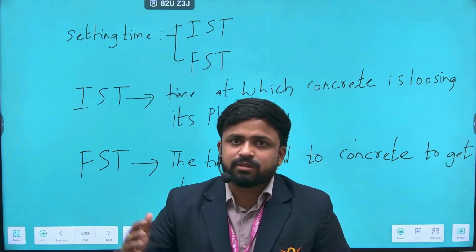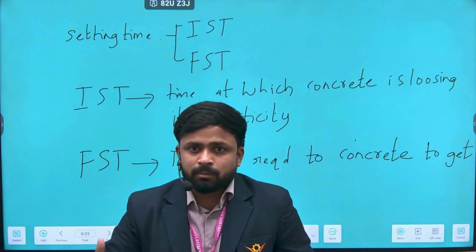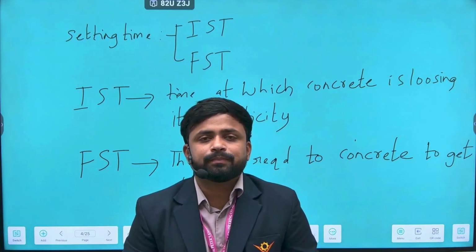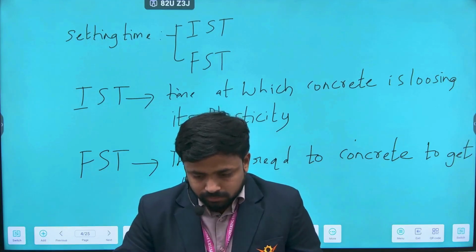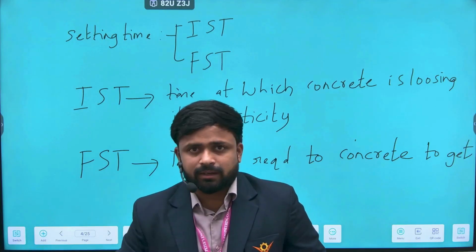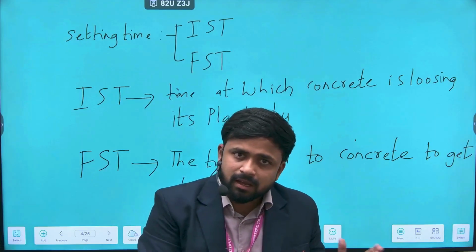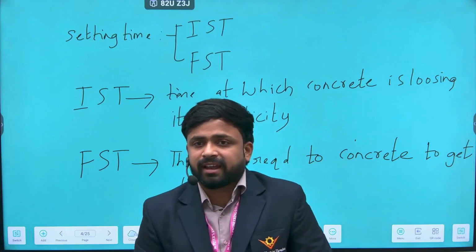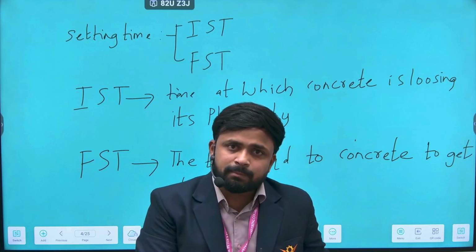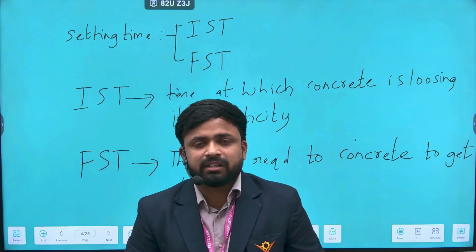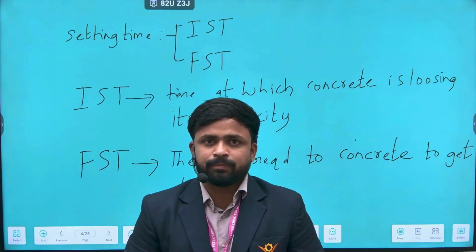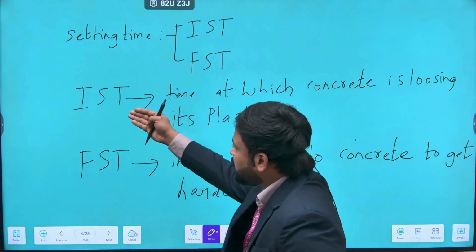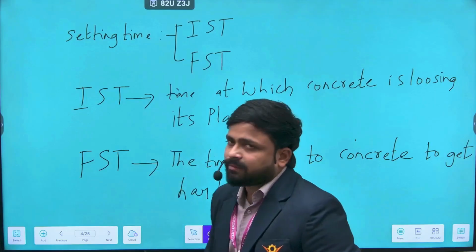So how far is my travel time? Based on that we can plan for my site. Should we mix at the site itself, or can I mix in my manufacturing place, where the environmental conditions are controlled? So we need to know the initial setting time and final setting time for that reason.